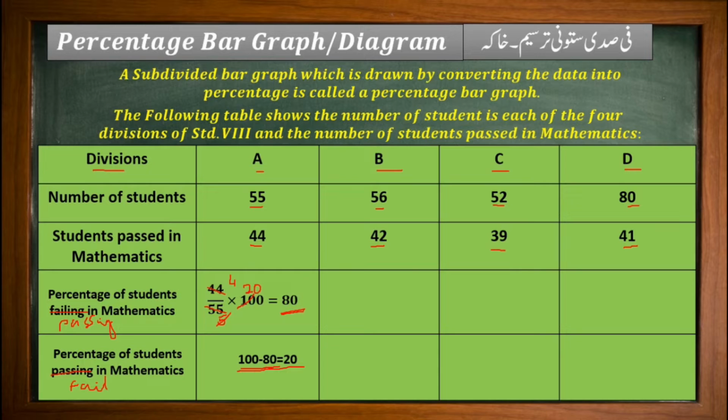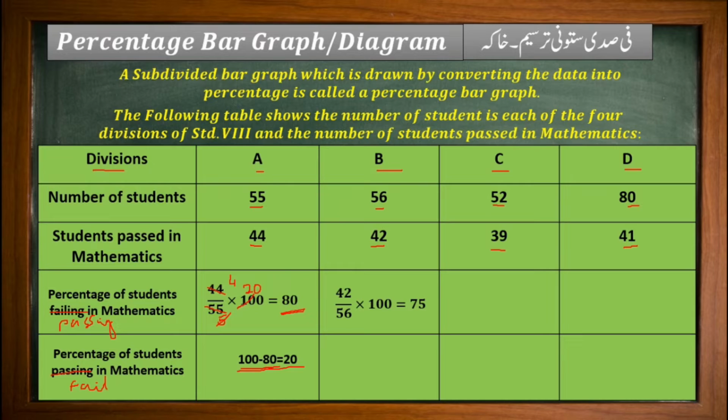Now we will move to the next. In B division there are 56 students in total, and 42 students passed in mathematics. So how many of them are passing? The percentage of 42 from 56 is 75.